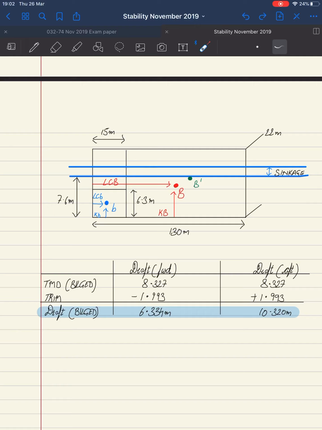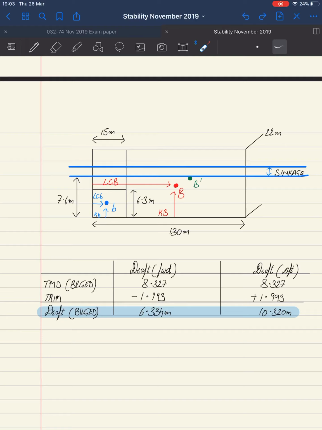Now since the center of buoyancy has moved forward, this is going to have a lever formed because the center of buoyancy is going to act like this, and the center of gravity, which hasn't changed, is going to act like this, and the vessel is going to trim like this. So this is going to be our final water line. So our forward draft is less and our aft draft is more than the midship draft.